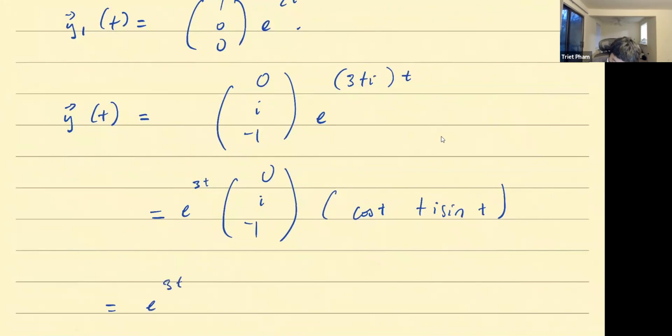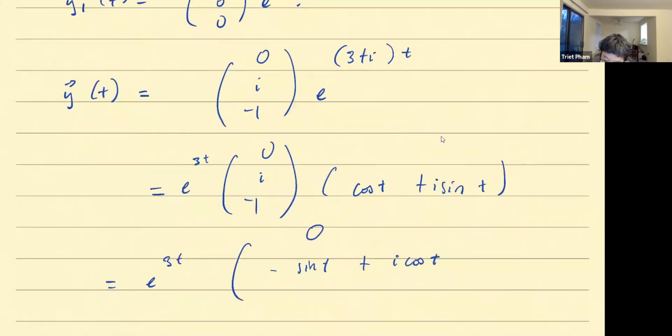Mix them up. Minus i sine t plus, sorry, minus sine t plus i cosine t, minus cosine t plus, rather minus i sine t.